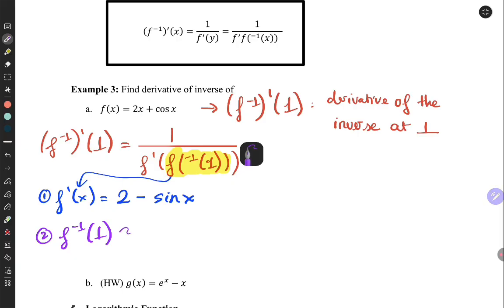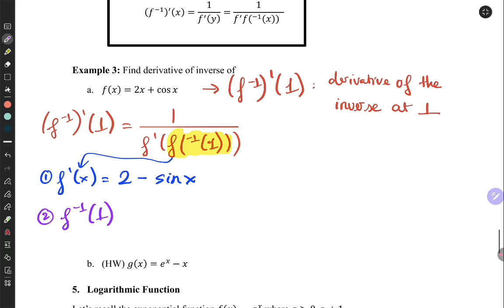Then, how do we find the inverse at 1? To find the inverse at 1, we have to go through the process. You have to find the inverse at x first. In other words, we need to follow 4 steps. Step 1, step 2, step 3, step 4.